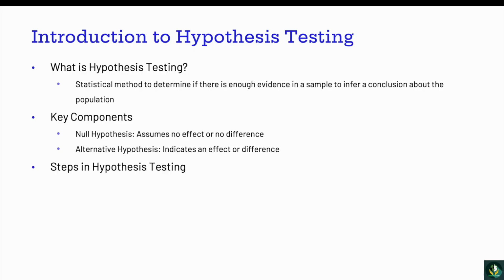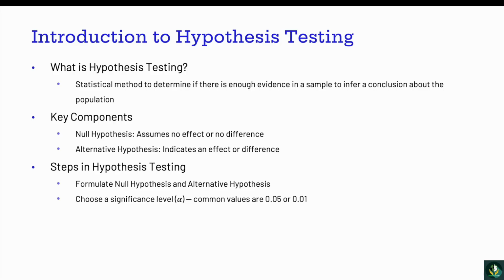Now, what are the steps in hypothesis testing? First, you need to formulate H0 and HA, which are the null hypothesis and alternative hypothesis. Then you need to choose a significance level alpha, whose common values are 0.05 or 0.01.